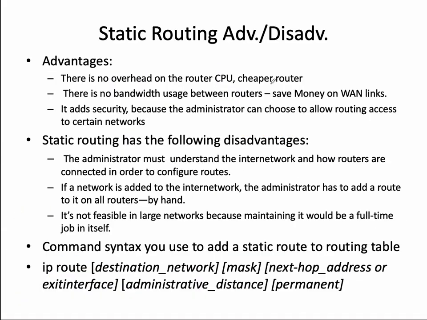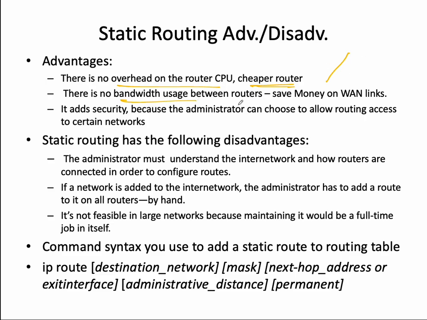So, static routing advantages, right? There is no overhead on the router CPU. This is the huge advantage of static routing. And it allows for cheaper routers, because if there's no overhead, the router CPU requirement is very low.